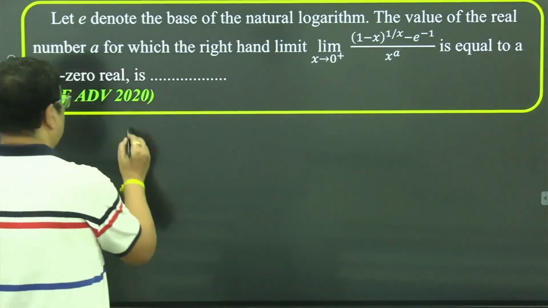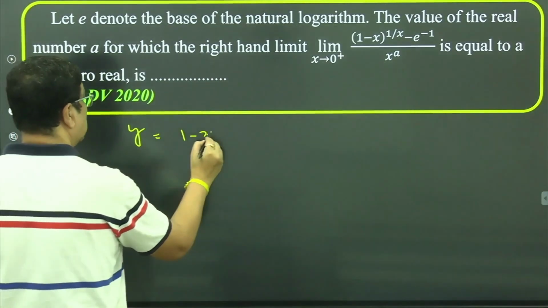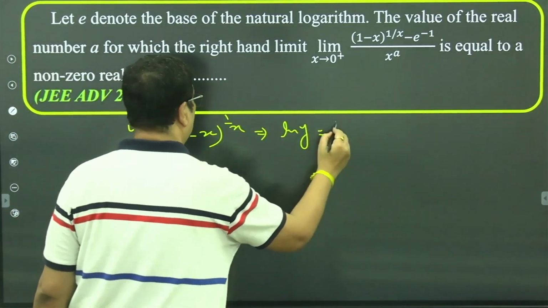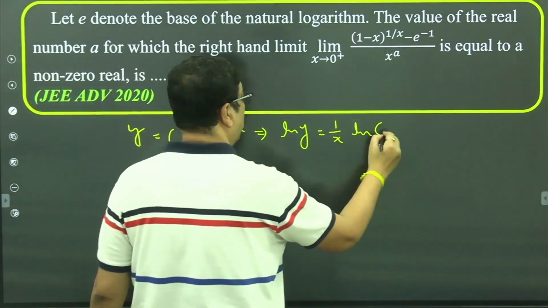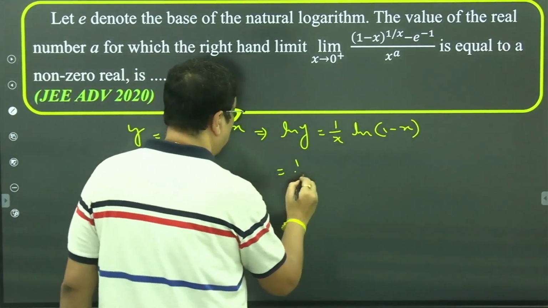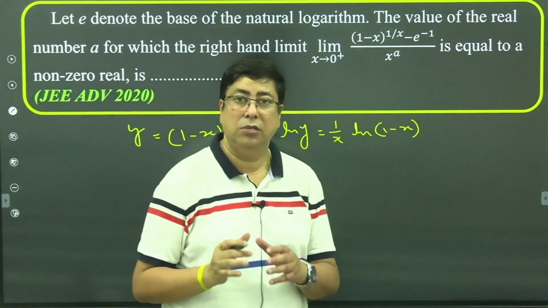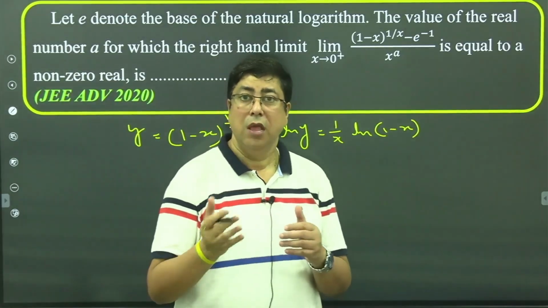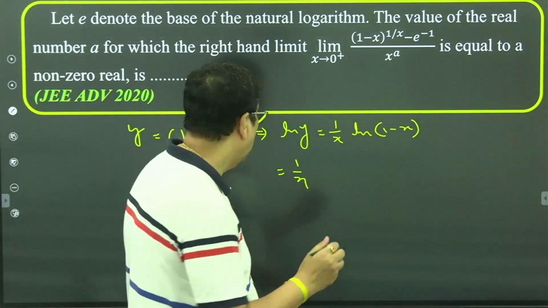First of all, let y equal (1 minus x) whole to the power 1 by x. So log y equals 1 by x log of (1 minus x). Therefore, if we apply the logarithm series, log of (1 plus x) is x minus x square by 2 plus x cube by 3 minus, and for log of (1 minus x), all terms are negative.